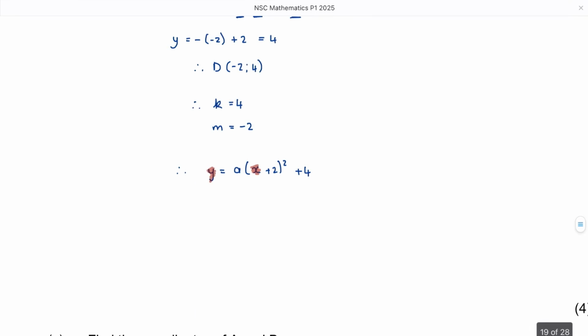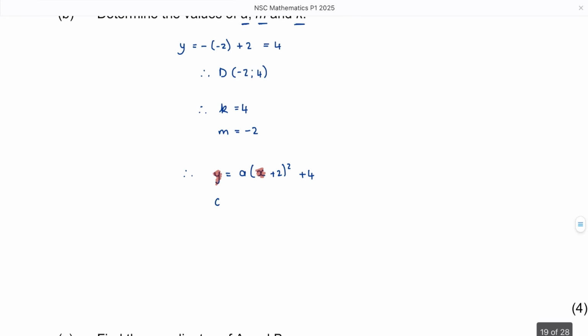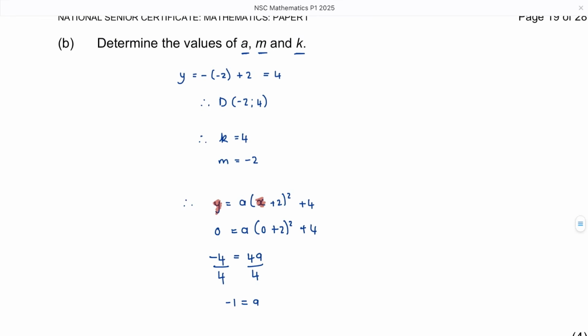And they stated that the parabola does go through the origin, so we can substitute that into the places of x and y, and then we can solve for a. So I'm going to take the negative 4, and 2 squared gives me 4, so this is 4a. And then to get a alone, we will divide the 4 away on both sides. And then we just make sure this question just said determine the values.